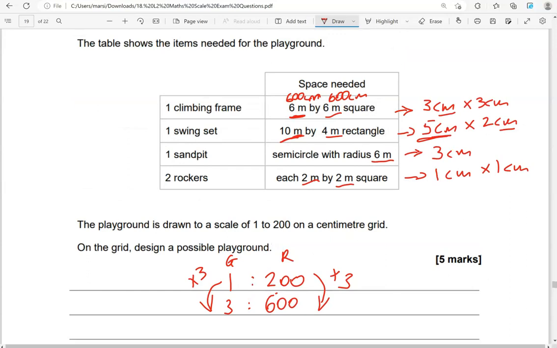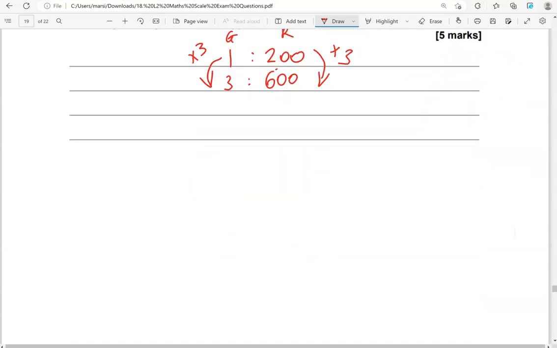The sandpit, so semicircle, half a circle, with radius 3 squares.